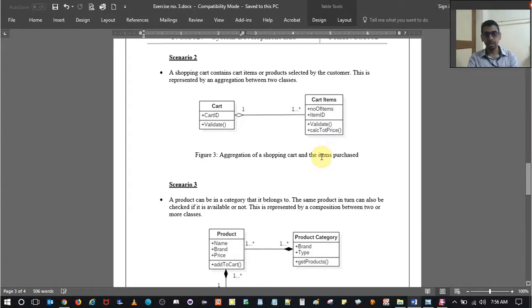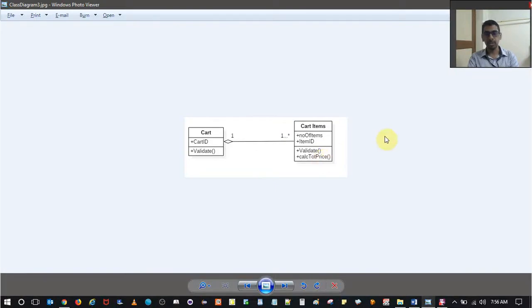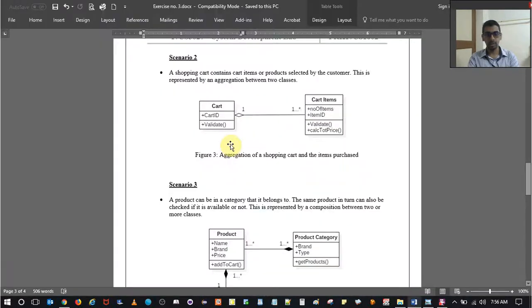That's how it justifies this class diagram, as to why the multiplicity is one to many, and why a class can contain the other class. That is why a cart can contain cart items, and it's represented by this aggregation symbol.